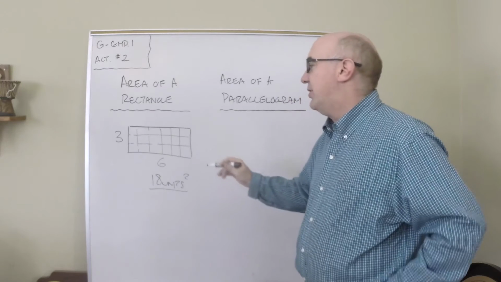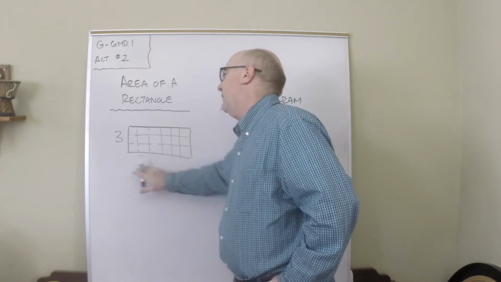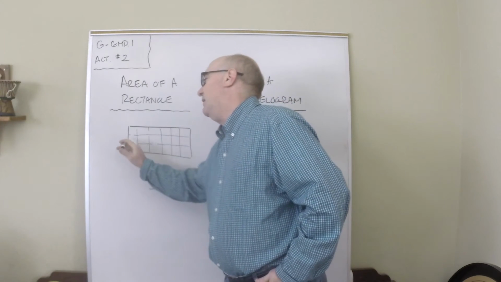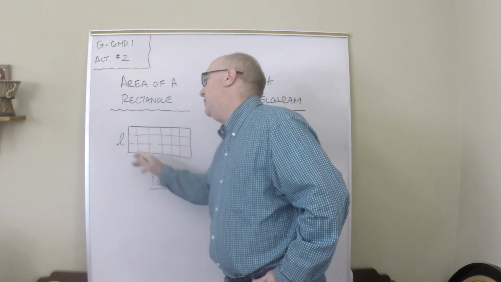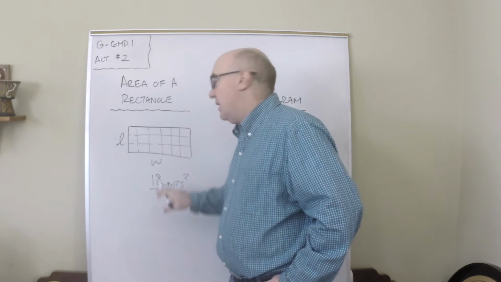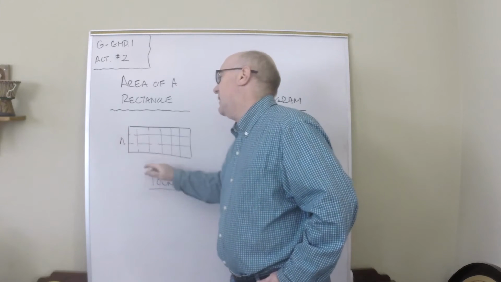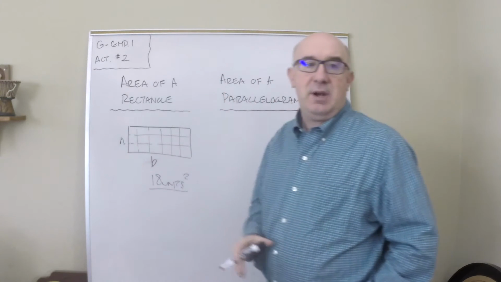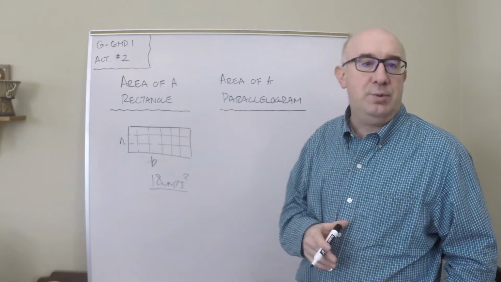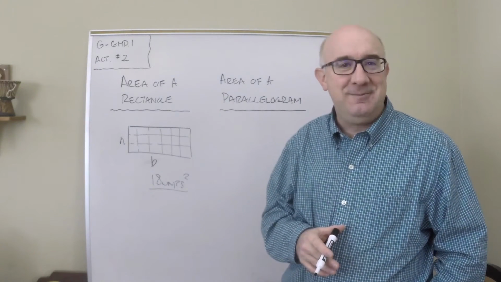But they're all built on this idea of the original guy just being length times width, if you want to think about it that way. If you want to think about it as base times height, that's also a nice way to do it, but a very simple region to calculate.